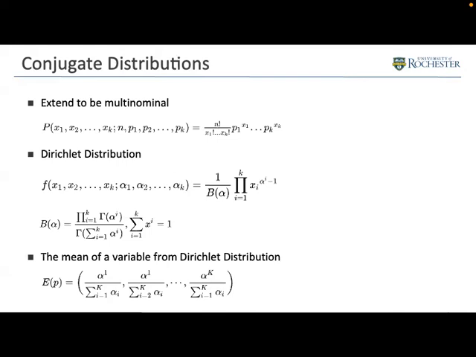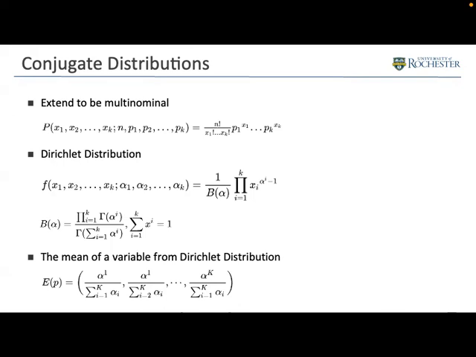The alpha here is just a hyperparameter. I am going to discuss some interesting facts about alpha later. If we want to draw the mean of the variable from this distribution, it will give us this.